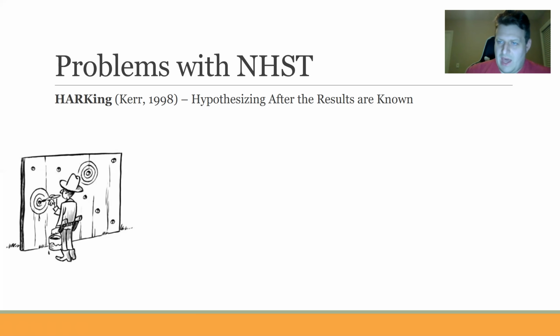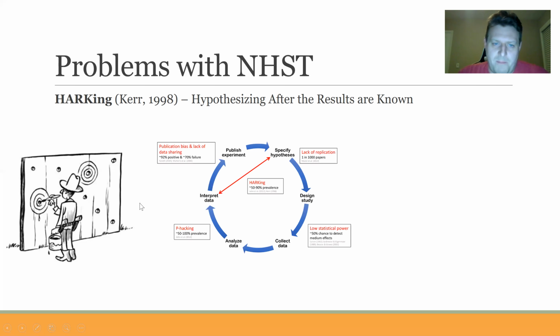I was trying to find a great way to explain it to you guys, and I came across this image on the internet, and it's great. Someone's randomly shooting at a wall or a fence, and then this guy, after the fact, is drawing the bullseye, so it looks like he did a great job of hitting the target. It's kind of what HARKing is all about.